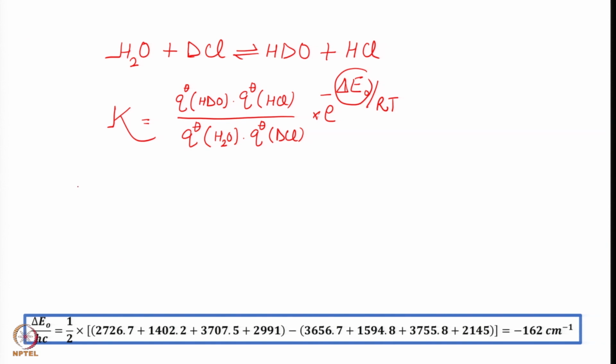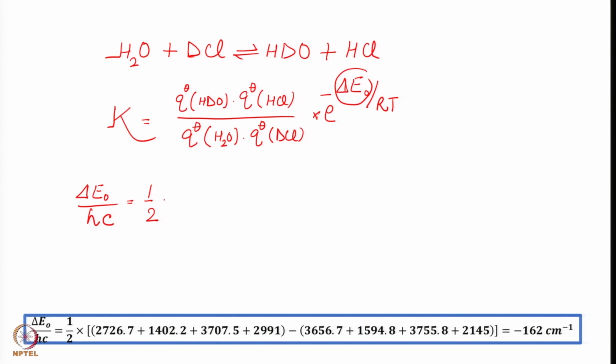That means delta E naught by hc will be equal to half nu bar, differences in the nu bars. The zero point vibrational energy is half hc nu bar, and when you use half hc nu bar, add that up for the products and from that subtract for the reactants, you will get the value of delta E naught by hc, right.